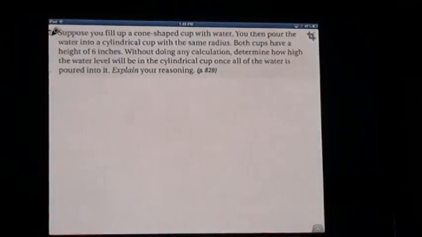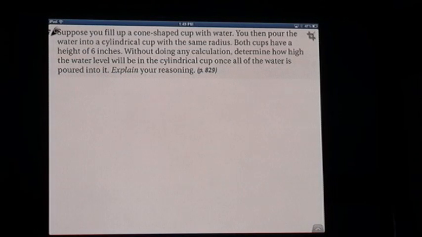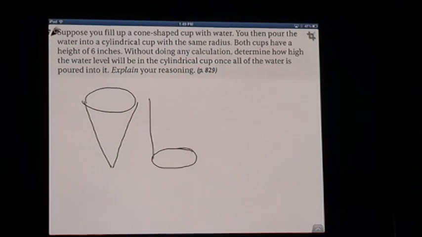Alright, suppose you fill up a cone-shaped cup with water. You then pour the water into a cylindrical cup with the same radius. This is R, and this is R. They're the same.